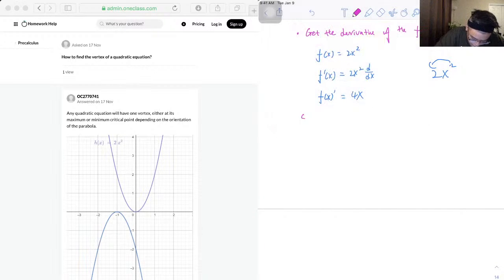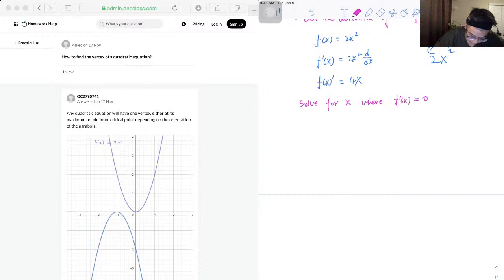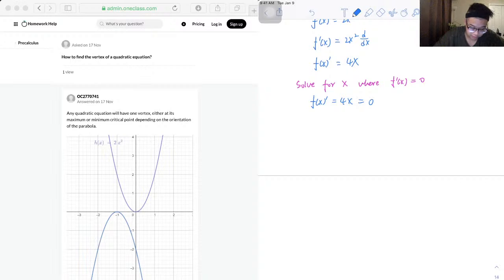So solve for x where the derivative of f(x) is equal to 0. We have the derivative of f(x) equal to 4x equal to 0, which will give us x is equal to 0.